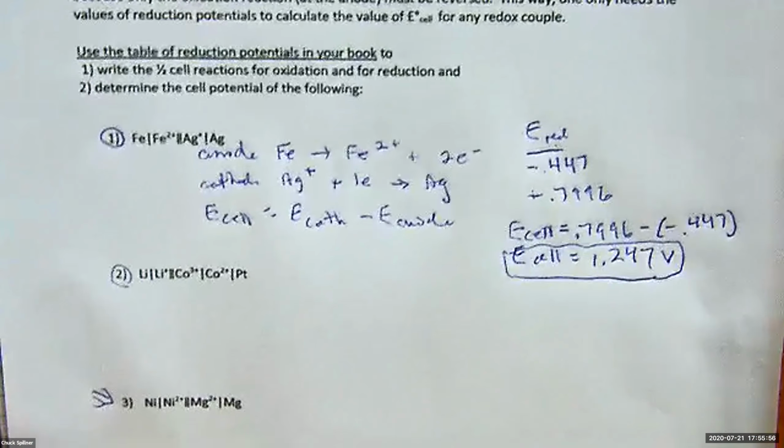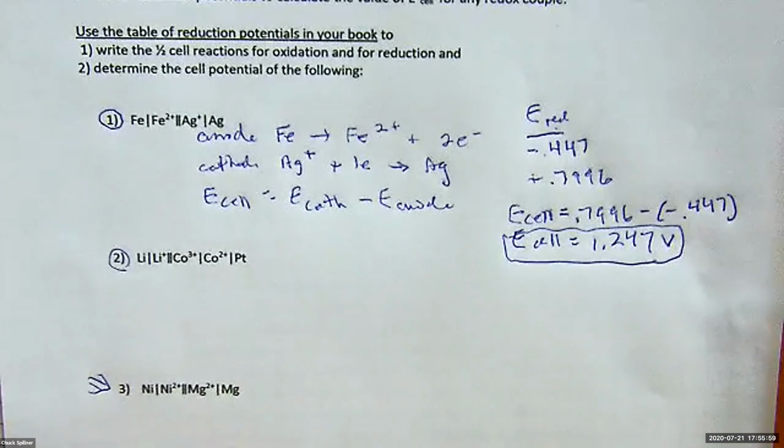So for the second one, our reaction is lithium going to lithium plus. At the anode, we have lithium being oxidized, and at the cathode, we have cobalt being reduced. And since cobalt's being reduced, supposedly, if it's a spontaneous reaction, cobalt is going to be above the lithium on the table.